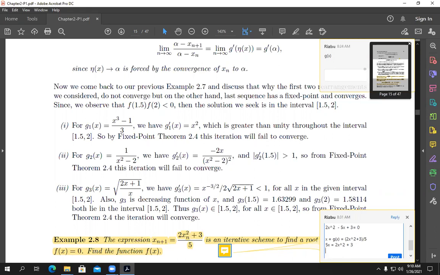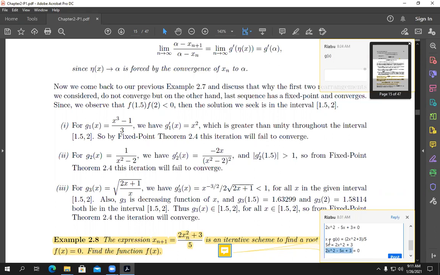So you have 2x squared minus 5x plus 3 equal to 0, and this is your f of x.